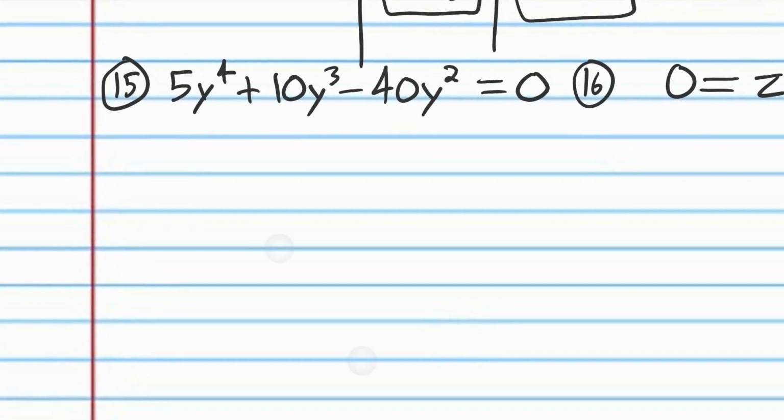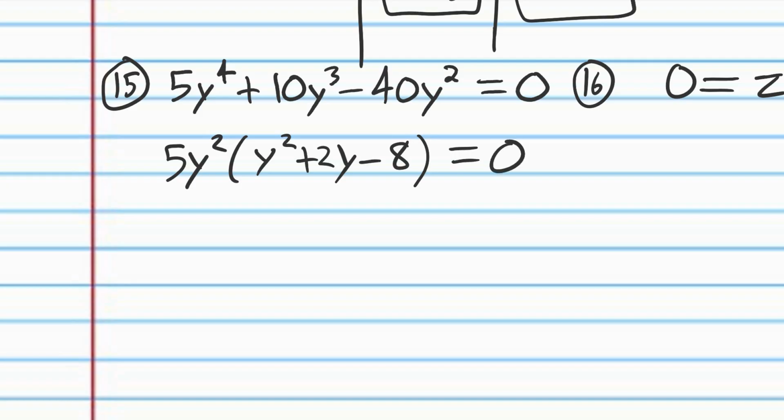All right, we're back. So we're going to factor out 5y squared. Multiply back in the opposite direction to see if we did that correctly. Looks like we did. Now we have a quadratic expression.